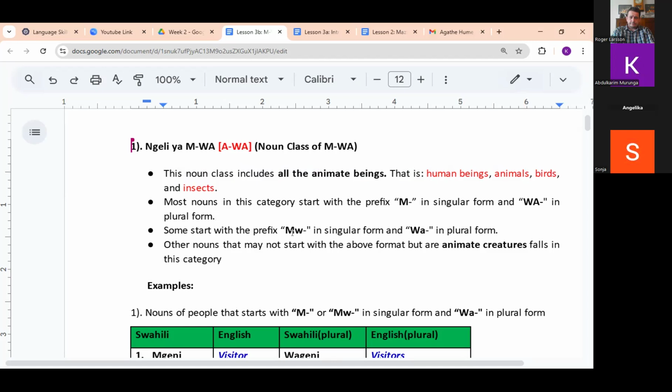Some start with MW, as we said, mwalimu, walimu, in singular form and wa in plural form. And other nouns that may not start with the above format but are animate beings fall automatically into this category.